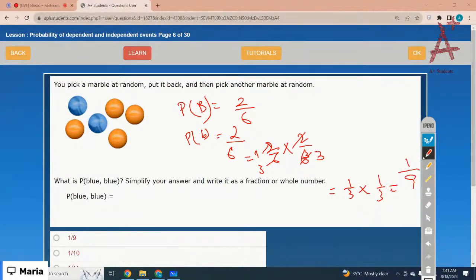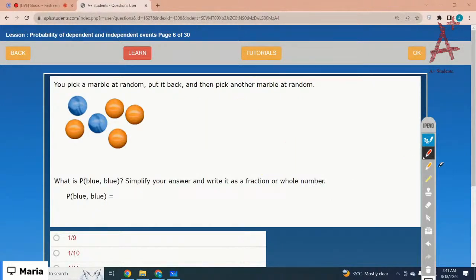That would be 1 over 9, right? The correct option is 1 over 9.